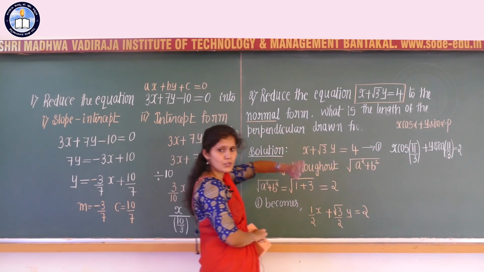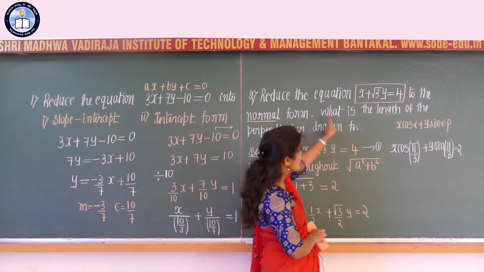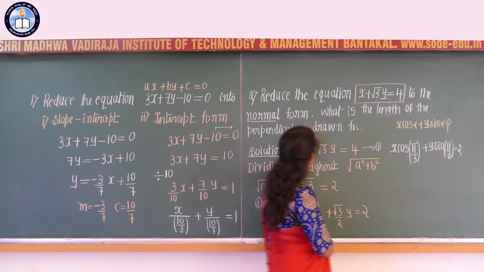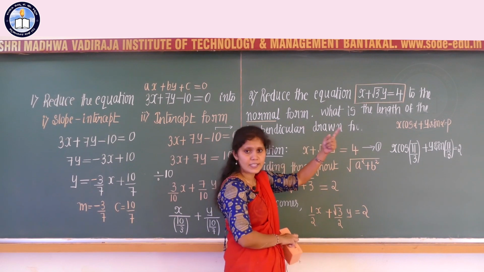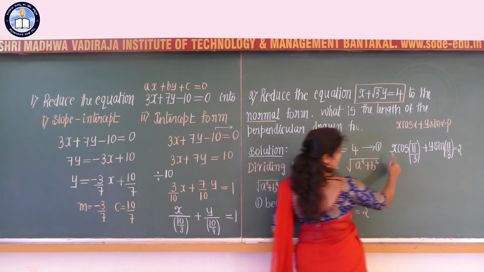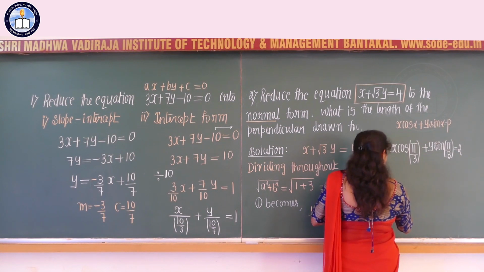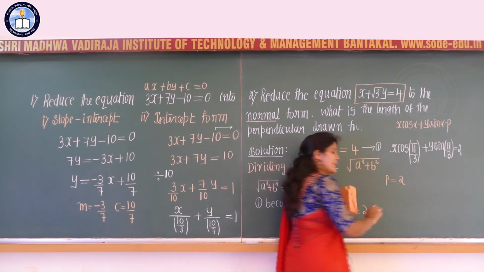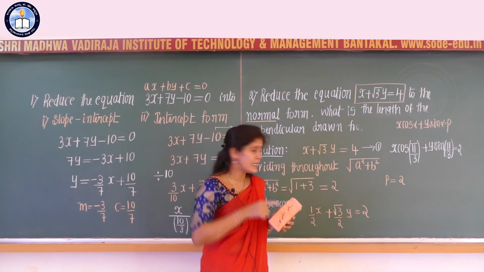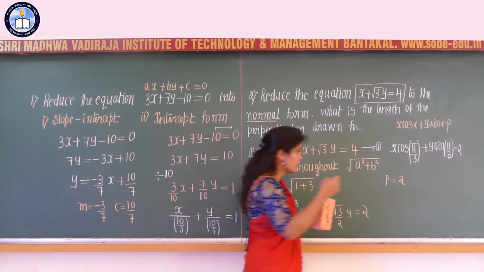Let me write the solution for the next question, that is, what is the length of the perpendicular drawn from the origin to the line. If we have it in the form of x cos alpha plus y sin alpha is equal to p, p is equal to 2, or p itself is called the length of the perpendicular from the origin to the line.